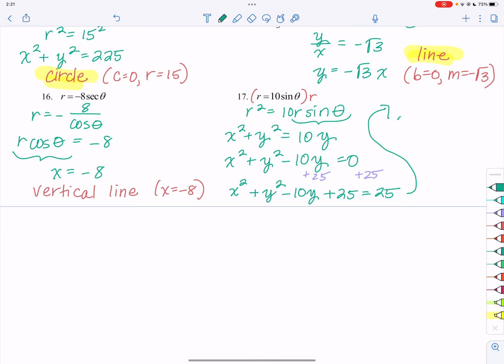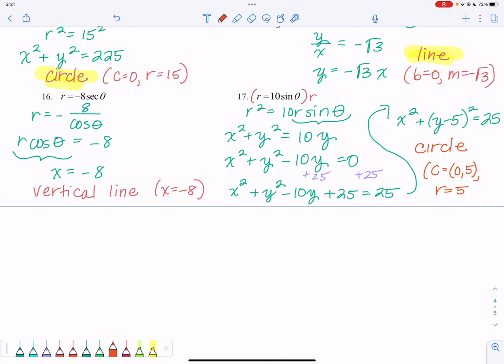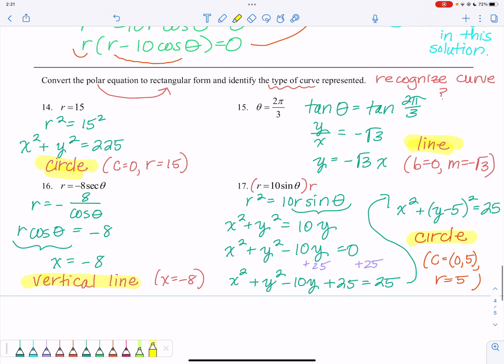So what we have is x² + (y − 5)² = 25. And you should recognize this, that this is a circle. The center is (0, 5) and the radius is 5. And that concludes this section.